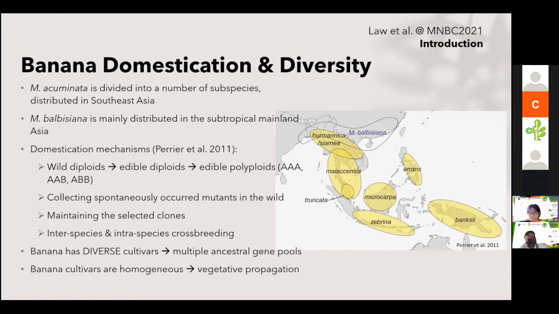So this is the map by Perrier. Later I'll come back to Perrier's work. Perrier basically genotyped the so-called subspecies and found that the molecular results corroborate the natural distribution of the subspecies.